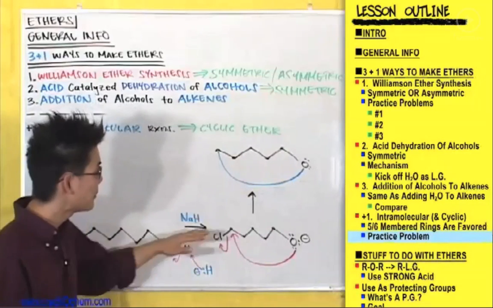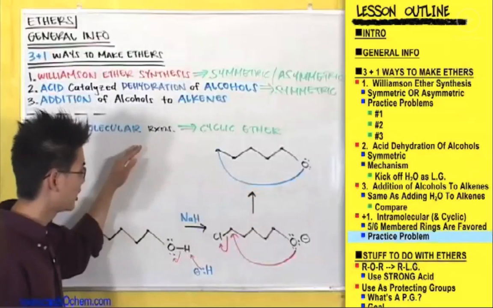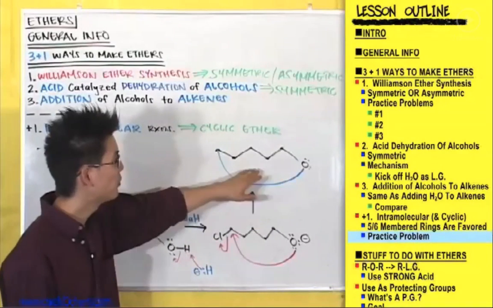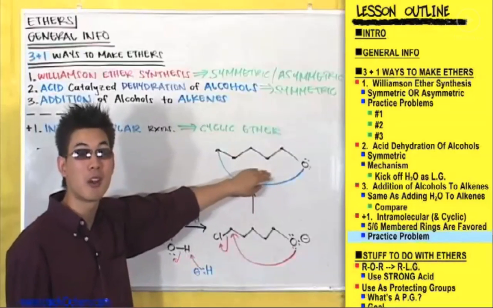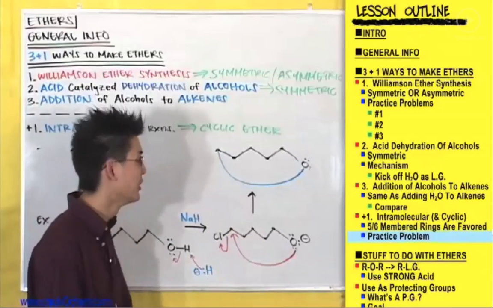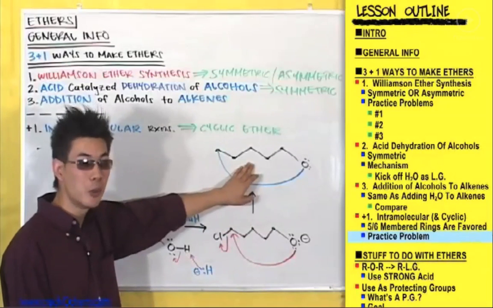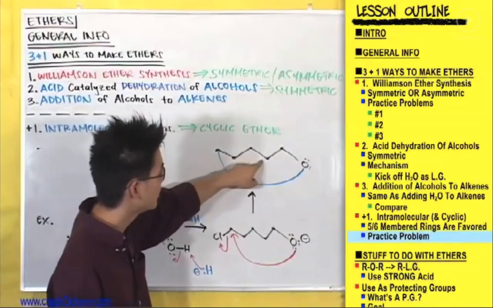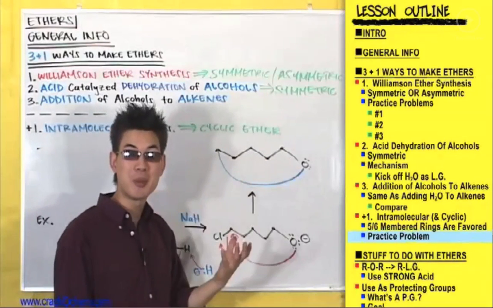So is this a potential ring that can form by an intramolecular reaction with this compound? Yes, because you can form a 5 or a 6-membered ring. 5 or 6-membered rings are favored because they are stable enough to form. Okay, so once you know this is stable enough to form, go ahead and draw how this ring would actually look. And a 1, 2, 3, 4, 5, 6-membered ring, what shape is a 6-membered ring in?